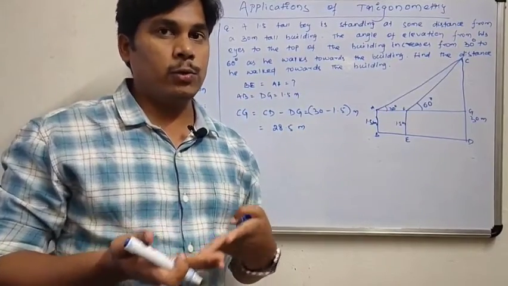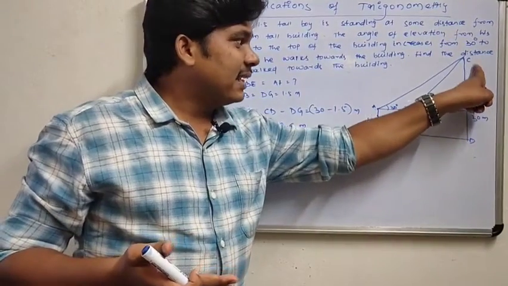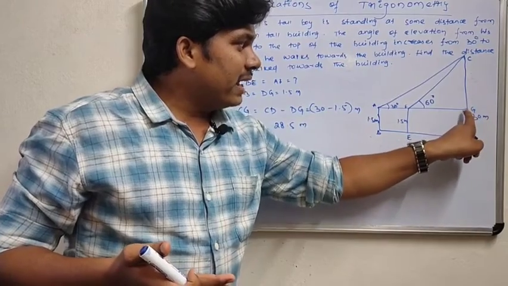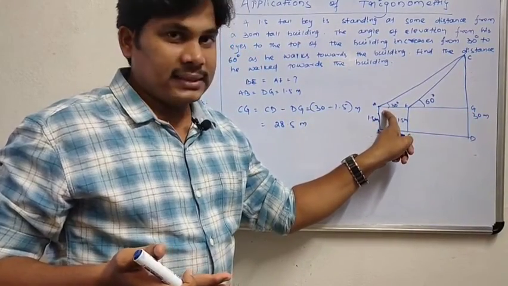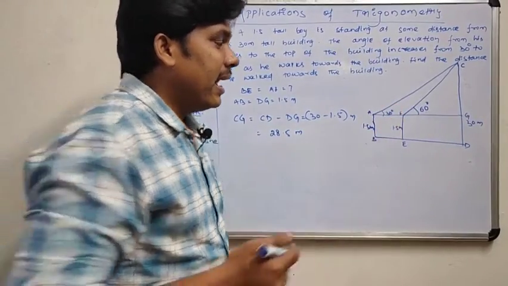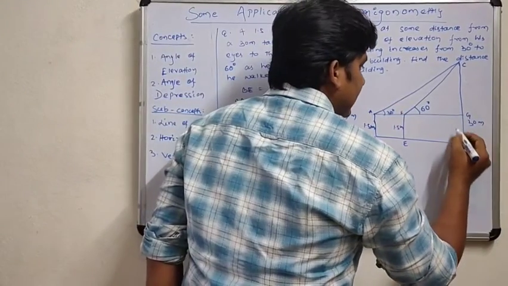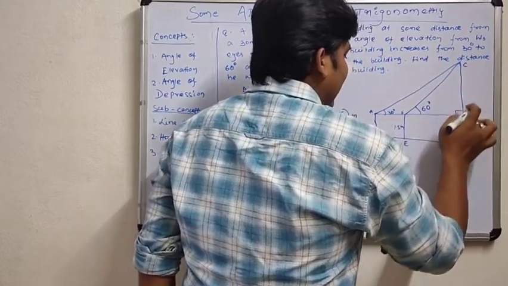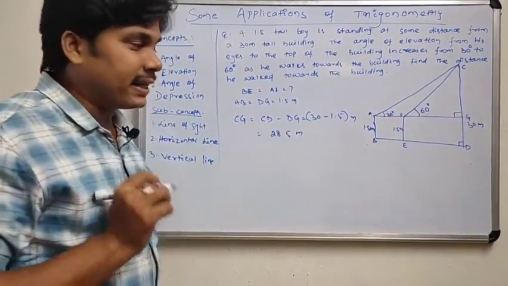Which trigonometric ratio can we use? As the perpendicular we know and we want the base, and the angle is 30 degree, and this is the 90 degree, and the entire CGA triangle is a right triangle.